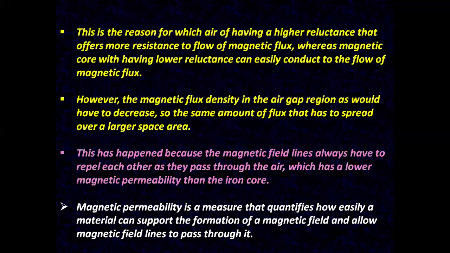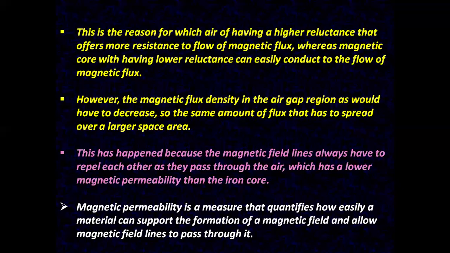However, the magnetic flux density in the air gap region decreases, so the same amount of flux spreads over a larger area. This happens because the magnetic field lines repel each other as they pass through the air, which has a lower magnetic permeability than the iron core.